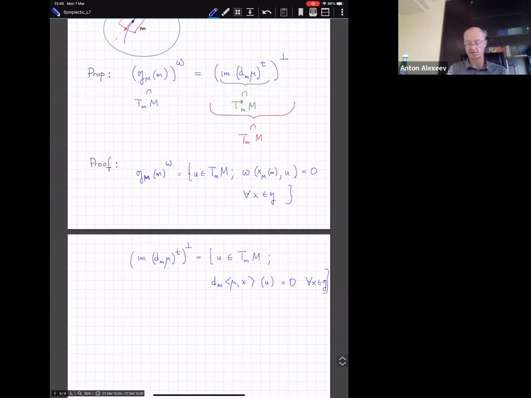So that's this. So these are all vectors which are orthogonal under the natural pairing to all one forms that you can get from g star using the pullback with the map mu.